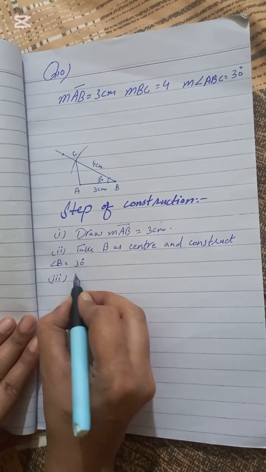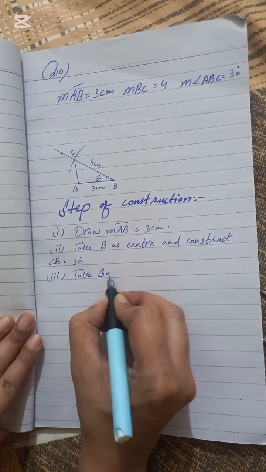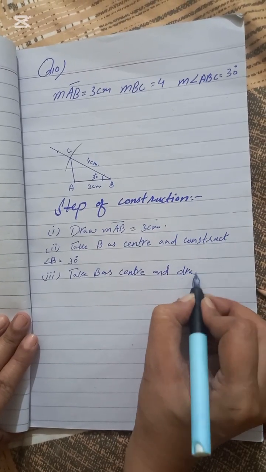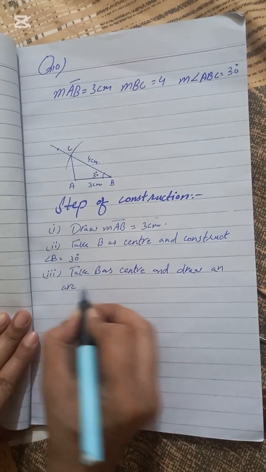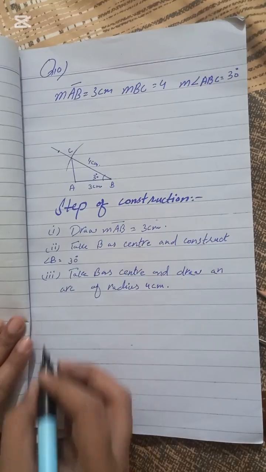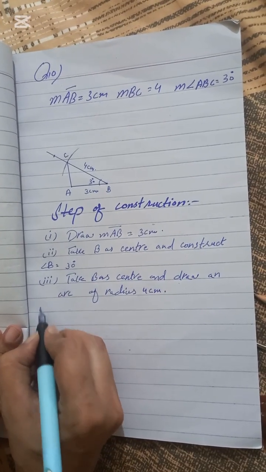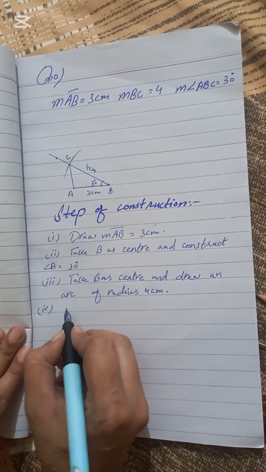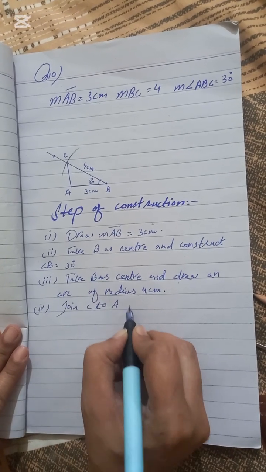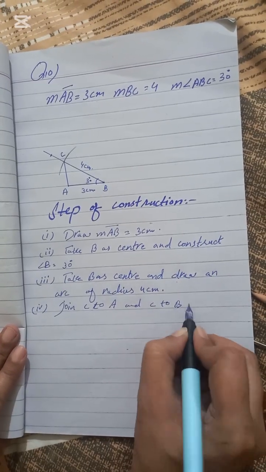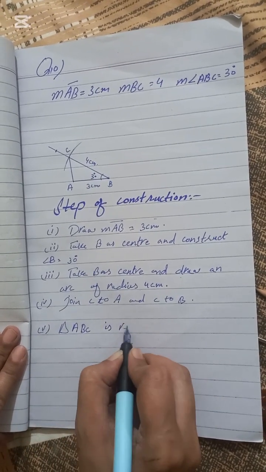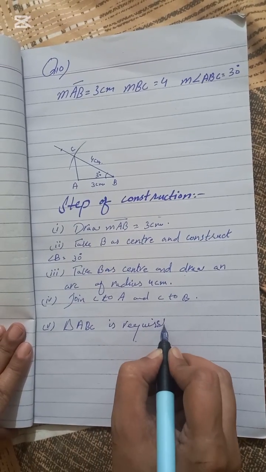Take B as center and draw an arc of radius 4 cm. Then join C to A and C to B. Triangle ABC is the required triangle.